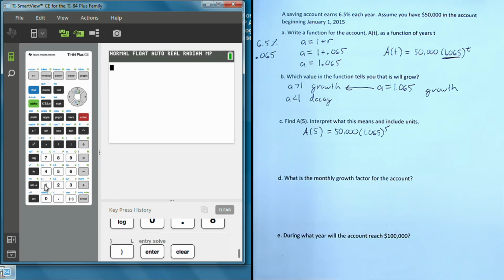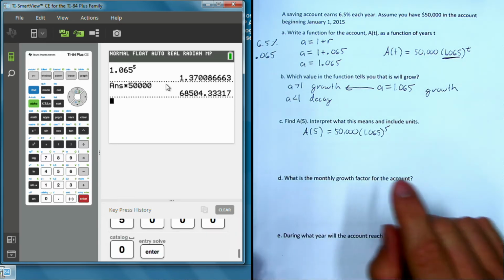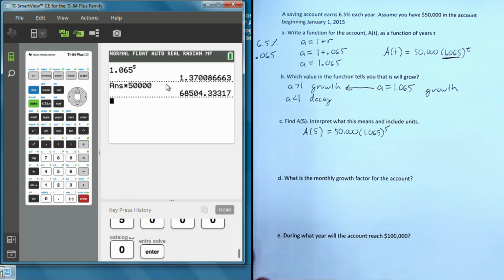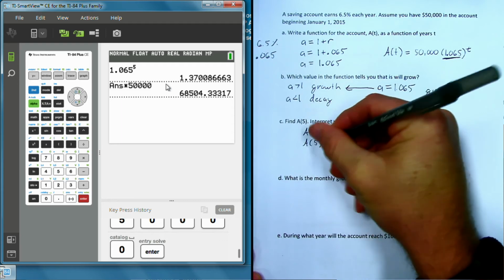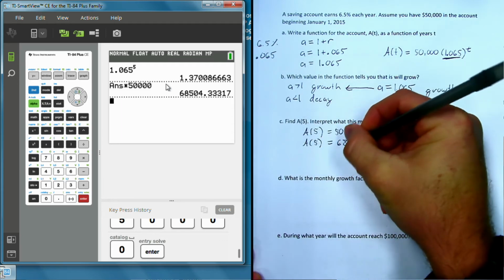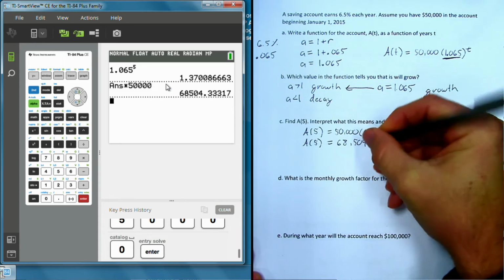Using our graphing calculator, I would do the 1.065 to the 5th power first to follow order of operations, and then multiply that number by 50,000. Now, since we're talking about money, an account, I would say round to 2 decimal places. So A of 5 equals 68,504.33.